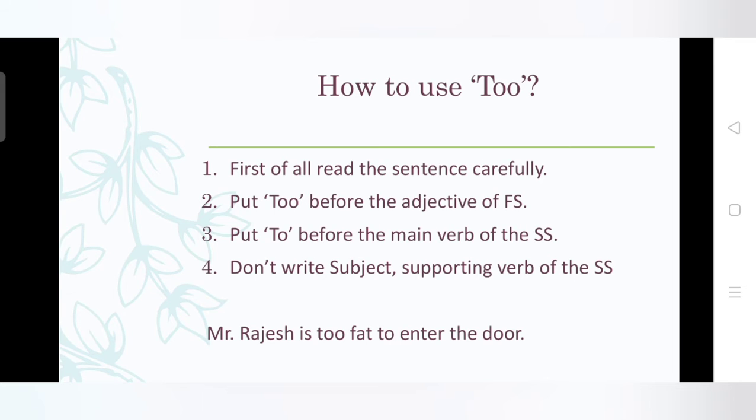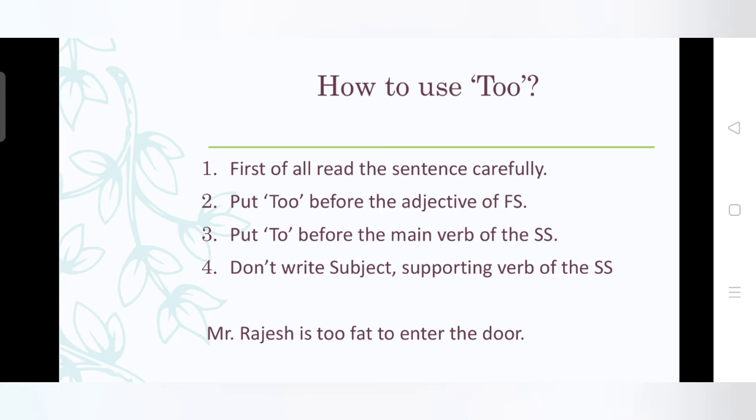If you can't understand the sentence, if you can't get the gist of the sentence, you cannot do any processes with reference to grammar. So understanding is the basic thing. So first of all, try to read the sentence carefully and try to understand it.